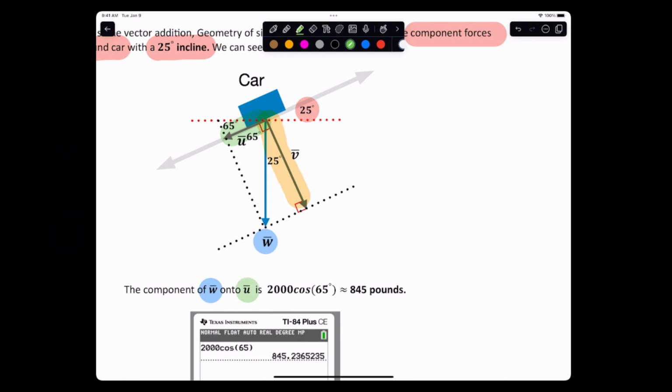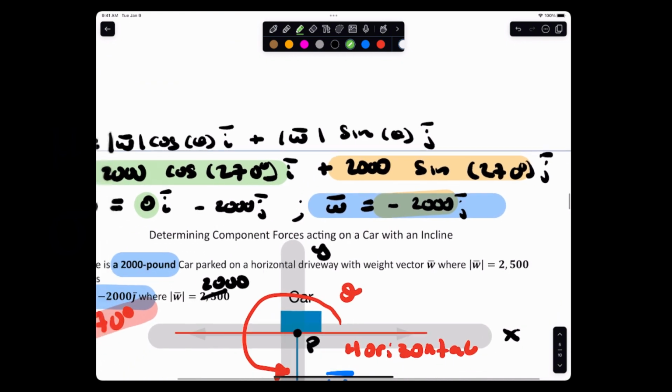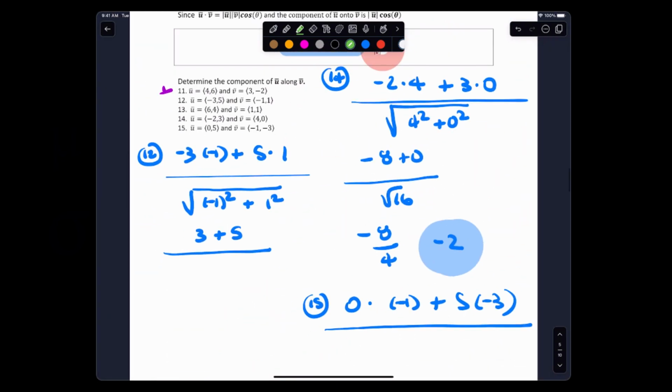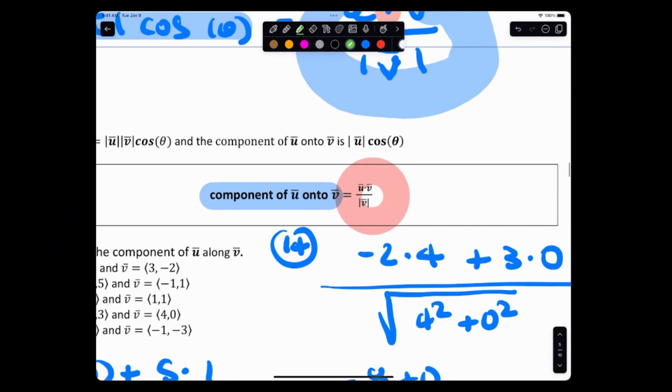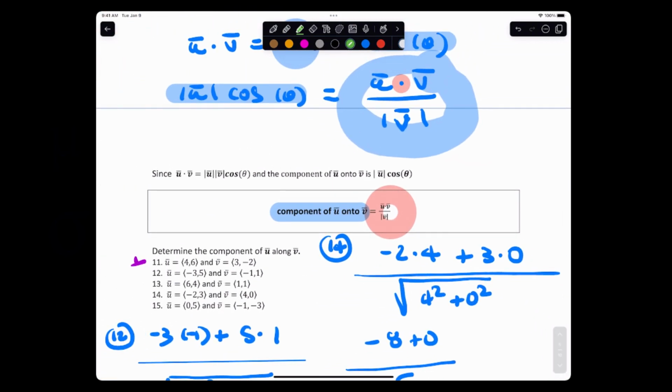U. And that's now going to be, if I go back, do we have to get everything in vector form to do that? And we can, although we can also use the what? The geometric definition of component form.